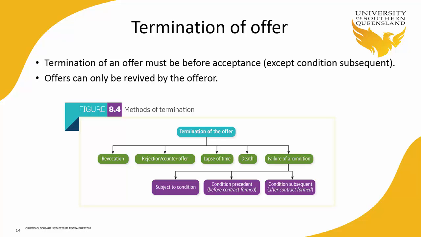But where the offeree is unaware of the death of the offeror, say I made an offer to sell my pen to you for $10, then I died, but you don't know that I've died, in that situation it's possible that a valid acceptance can still be binding and bind the offeror's estate, of course, not himself, because he's dead already, if the offer doesn't involve the personal involvement of the deceased offeror.